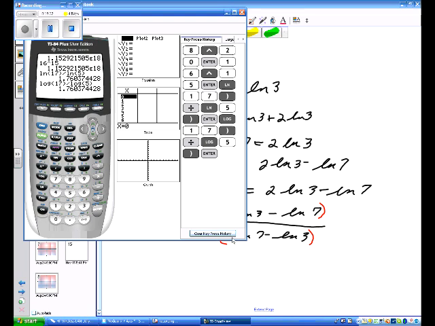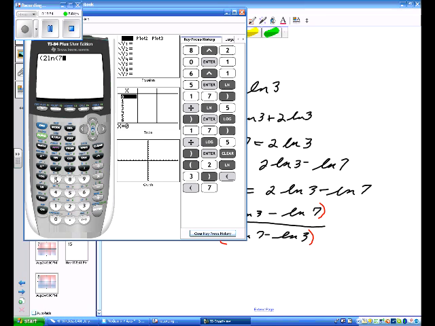So as we put this into our calculator, we have to use our parentheses. So let's just clear out what all's there. So we're going to have parentheses, 2 natural log of 3. I have to close the parentheses for my log. It's log 3, I'm sorry.